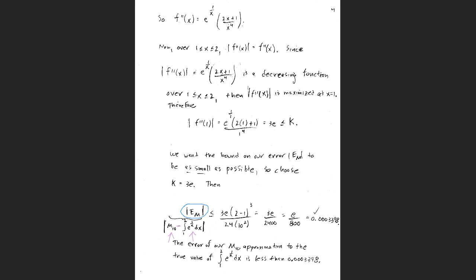The error is the difference between the truth, which is the integral, and the approximation, which is the midpoint rule. Does that make good sense? It's the absolute value of the difference between the midpoint rule and the integral. Thank you. All right, very good.